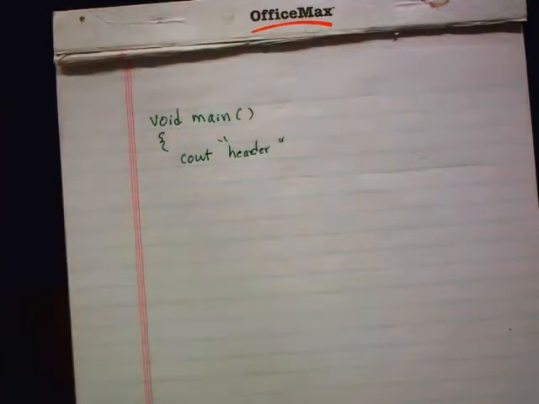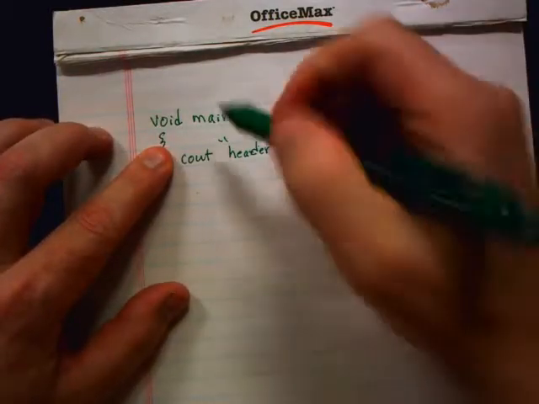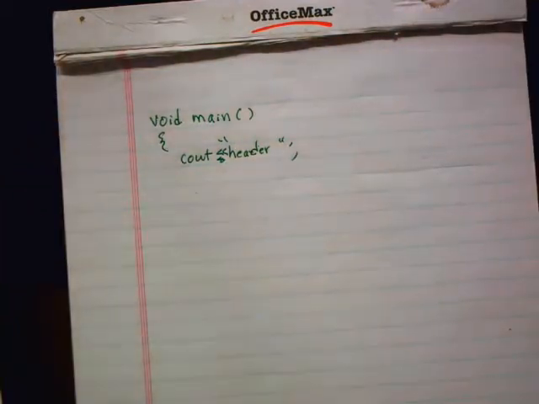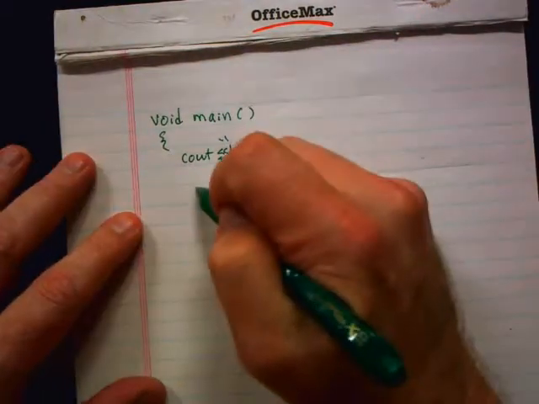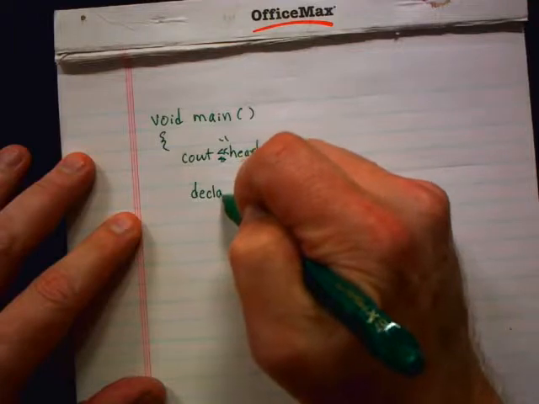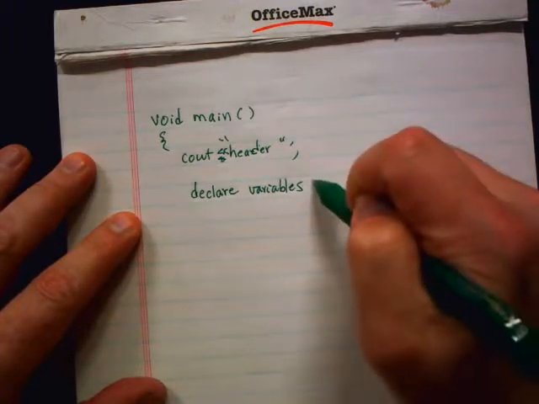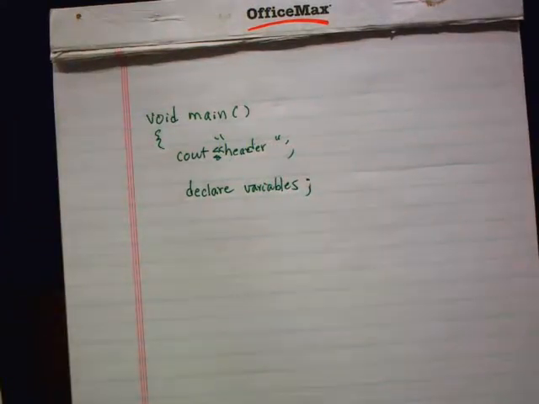You only need that header to print once, not every time you run the program. Then you would still declare your variables, like so. You only need to declare your variables once.